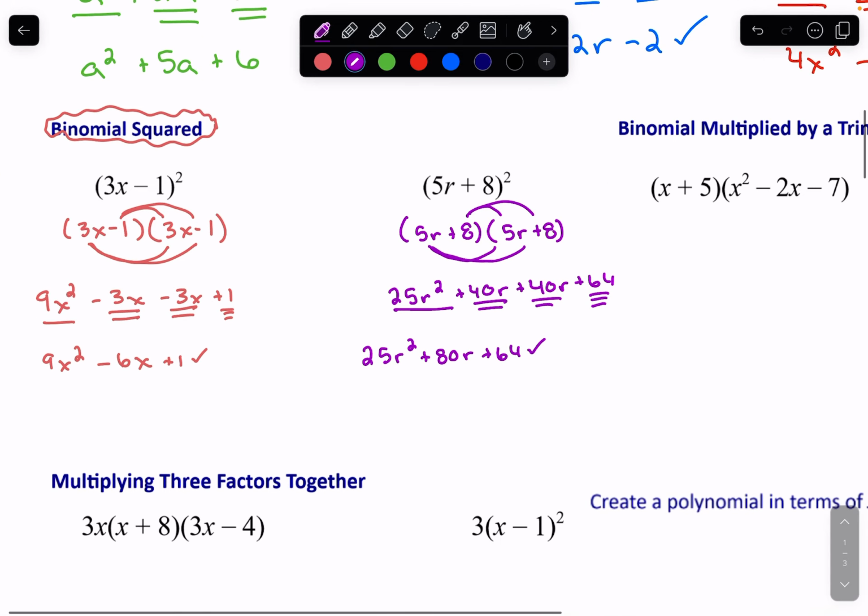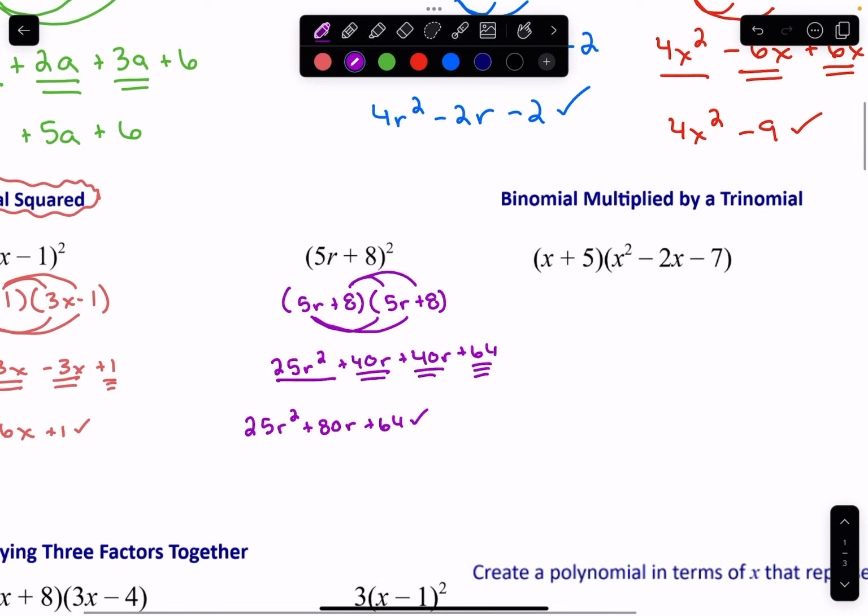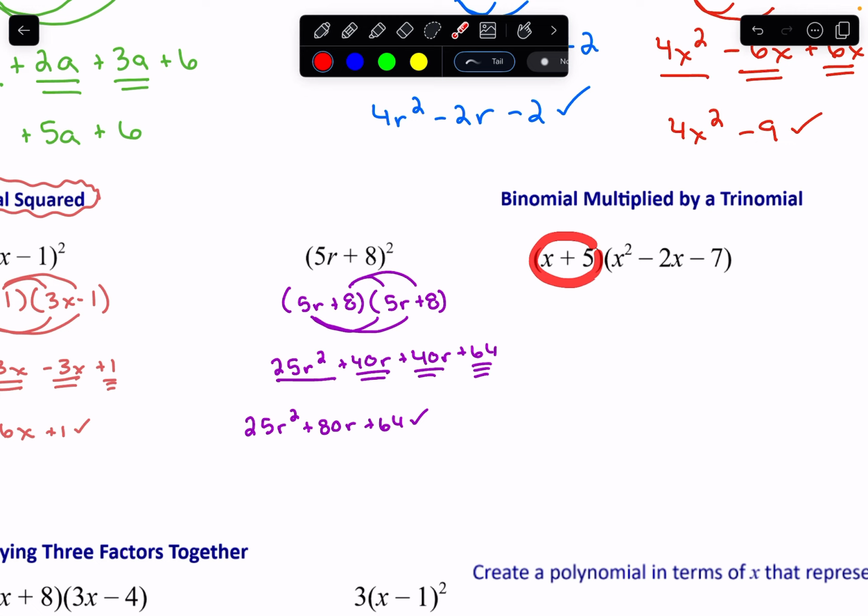Now they'll try to trick you by what's called a binomial multiplied by a trinomial, which is just more of the same. The difference is this time I have a binomial getting multiplied by a trinomial. Now in 7th grade, it didn't matter if you put a 5 in front of x squared plus 2, the 5 would get multiplied by everything.